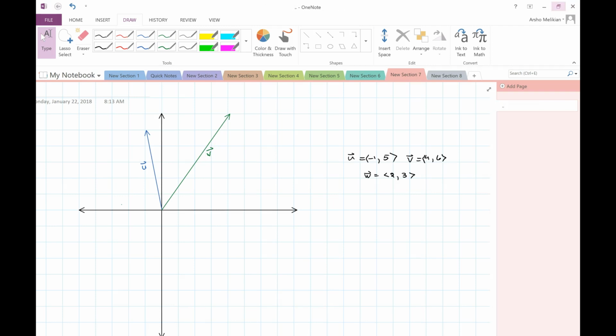W was the projection of U onto V, and it's 2, 3. So let's do that here. 2, 3. There we go. You see that? So that's the projection.